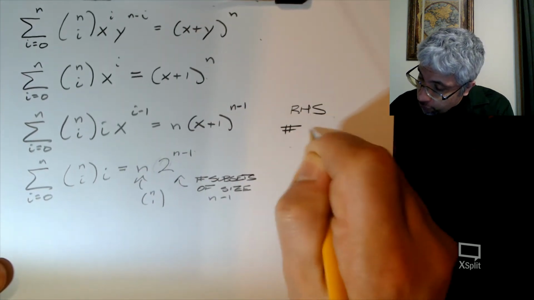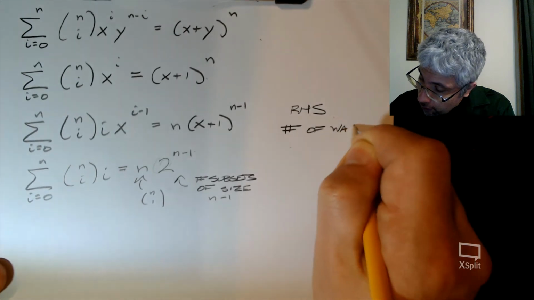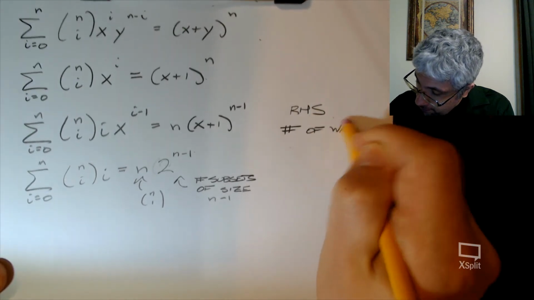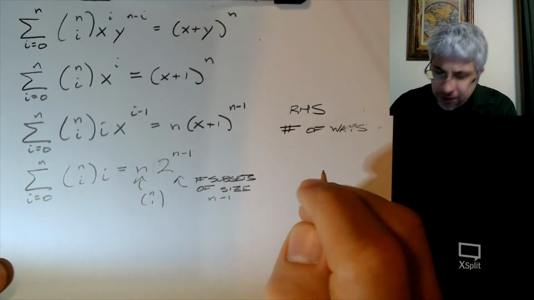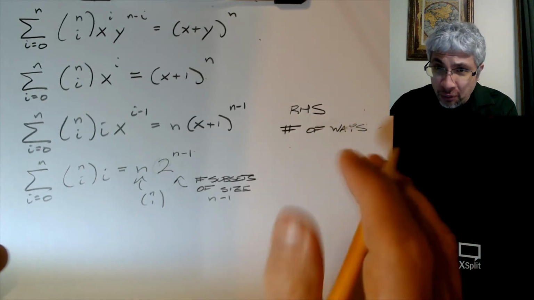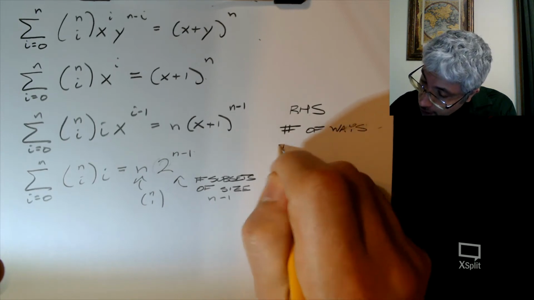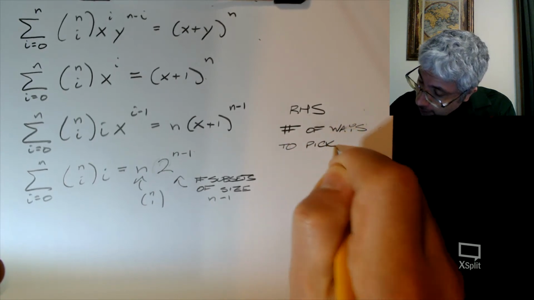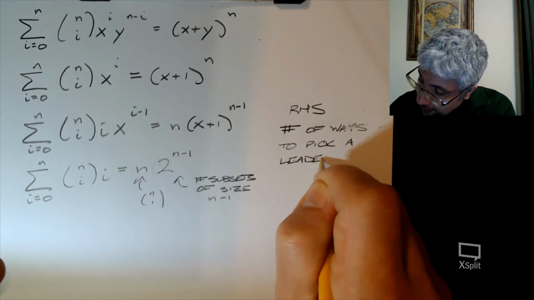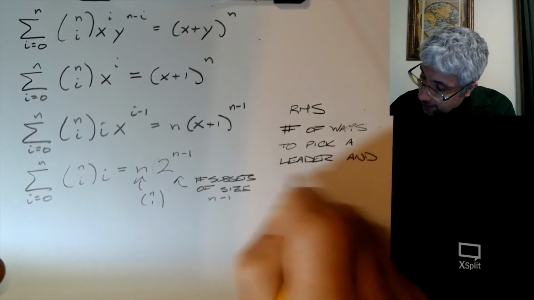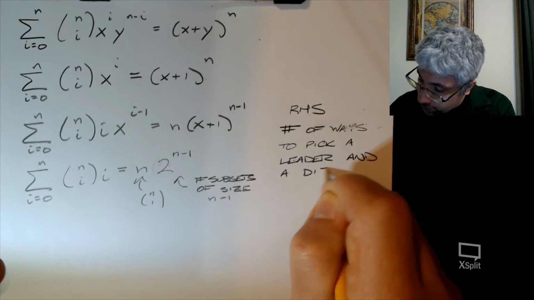is the number of ways to pick a leader and a disjoint subset of followers. I wrote the s too fast. I wanted to get through that word.